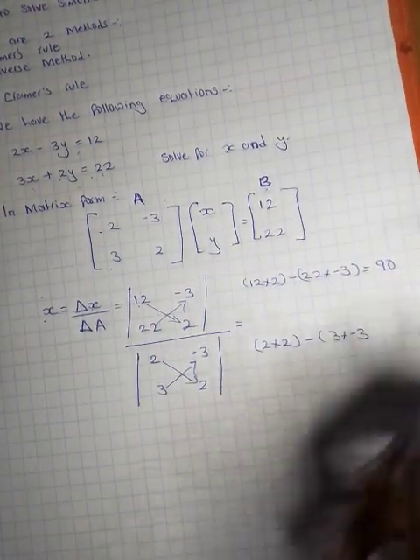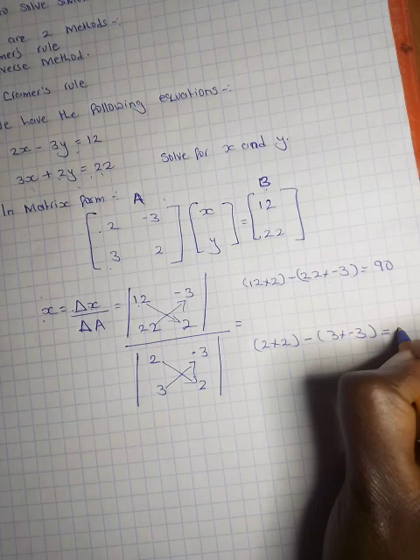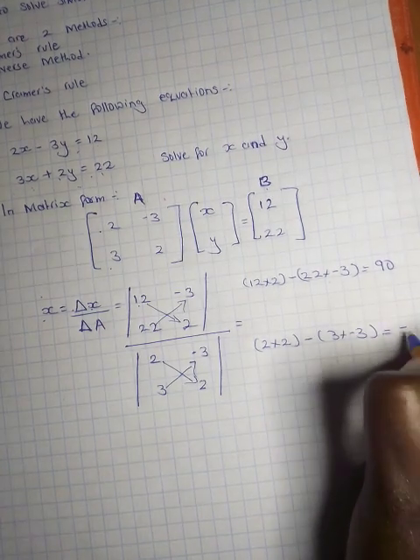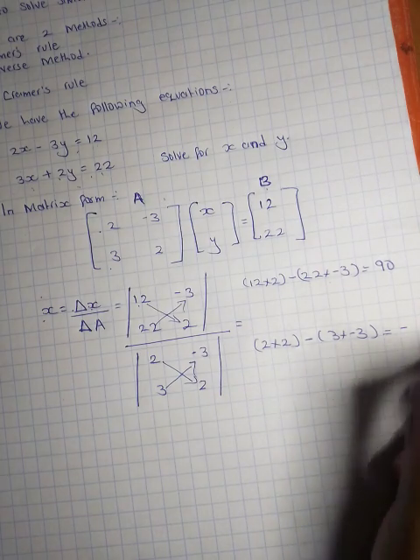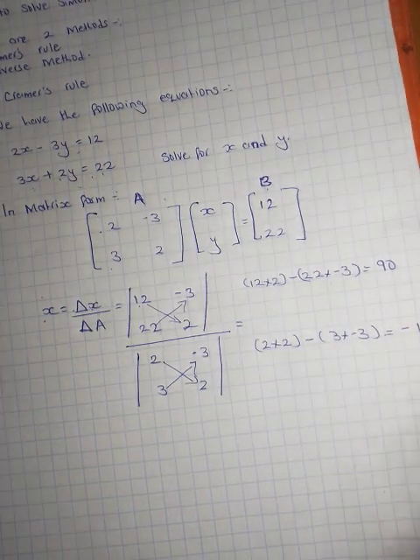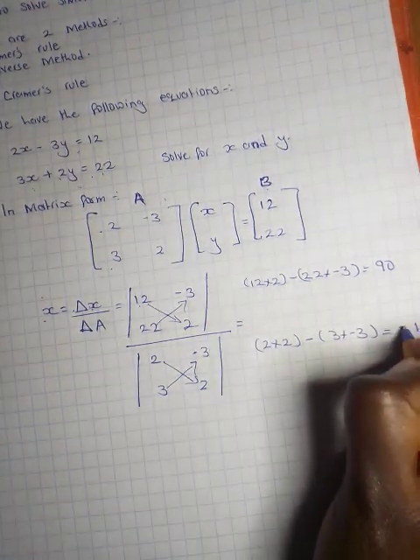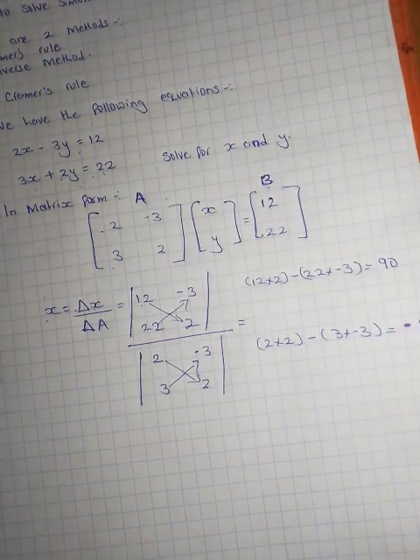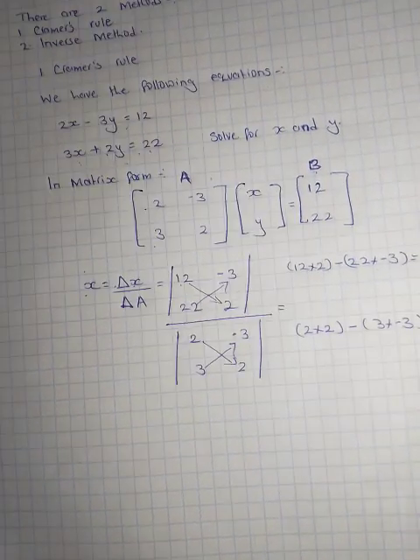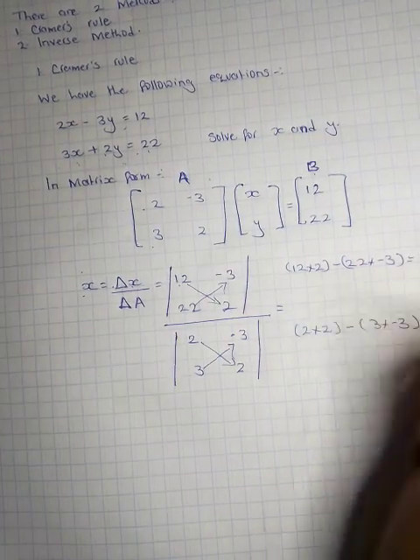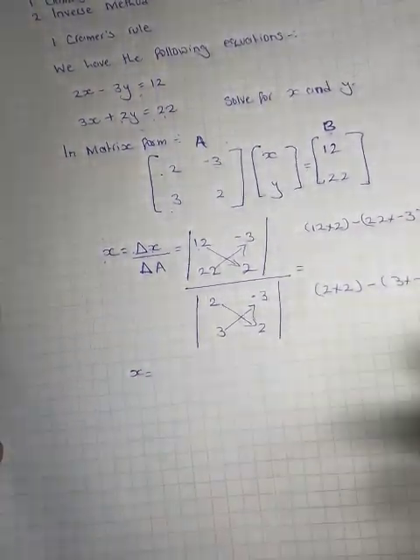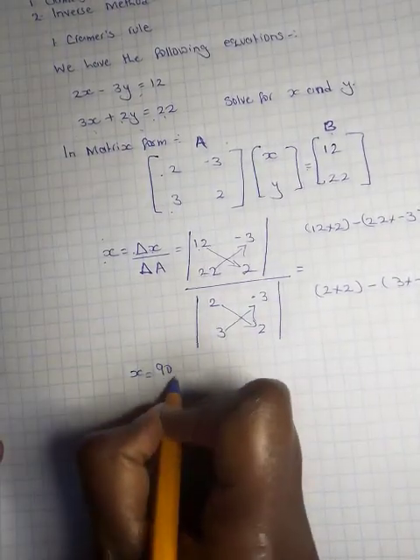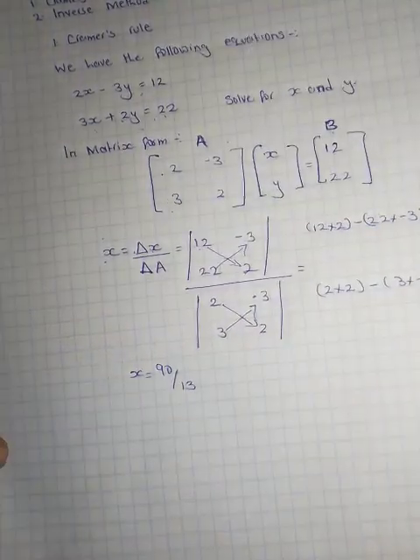That's 4 minus negative 9, that is not negative actually, that's 13. Okay? That's 13. And then, because there's a division sign, x will be 90 over 13.